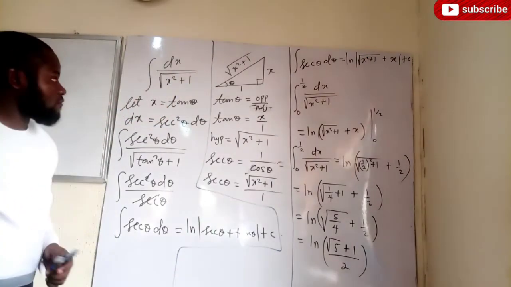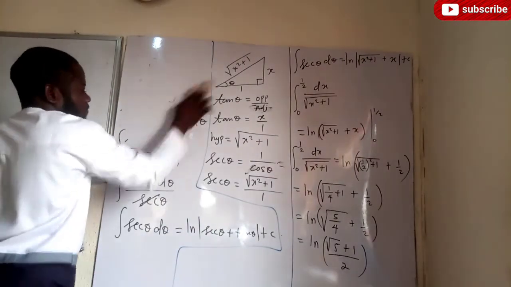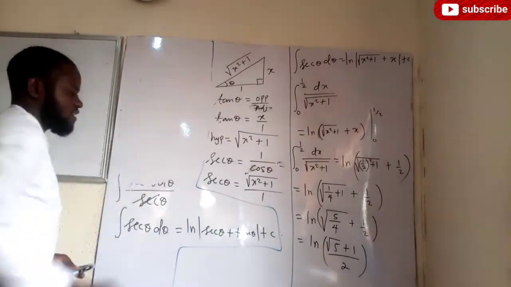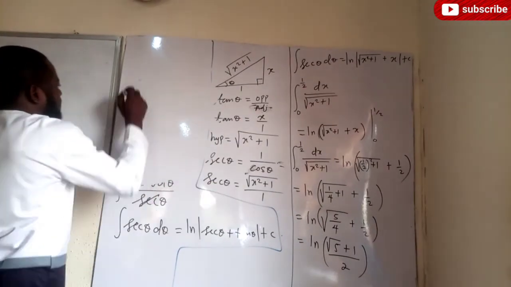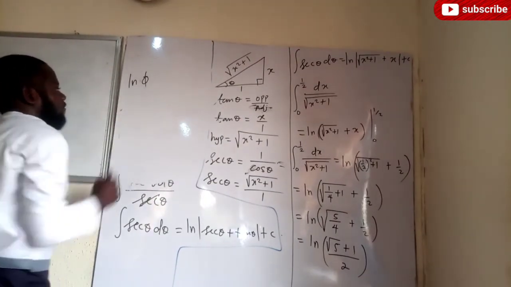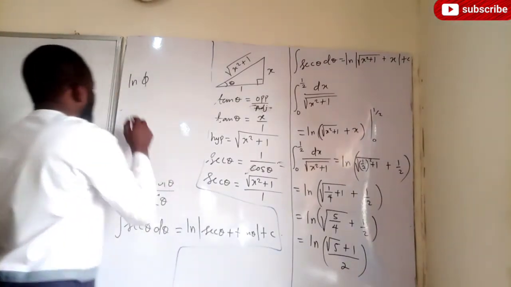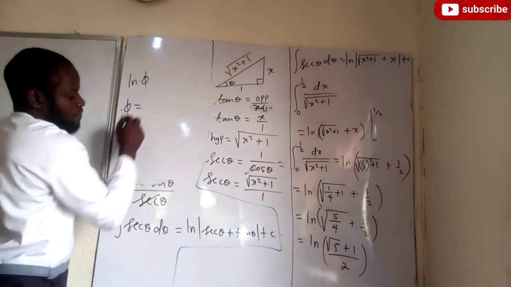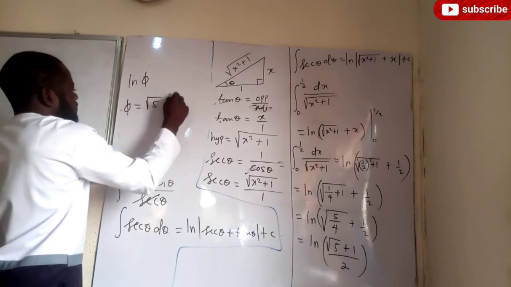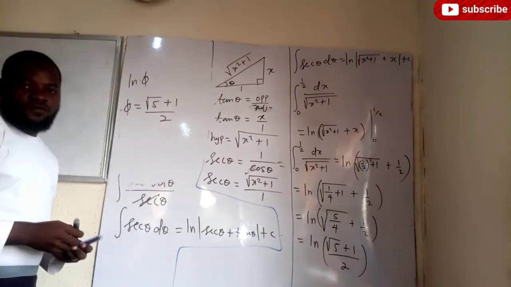Therefore, I can say that it is the ln of phi, because phi is equivalent to the square root of 5 plus 1 over 2.